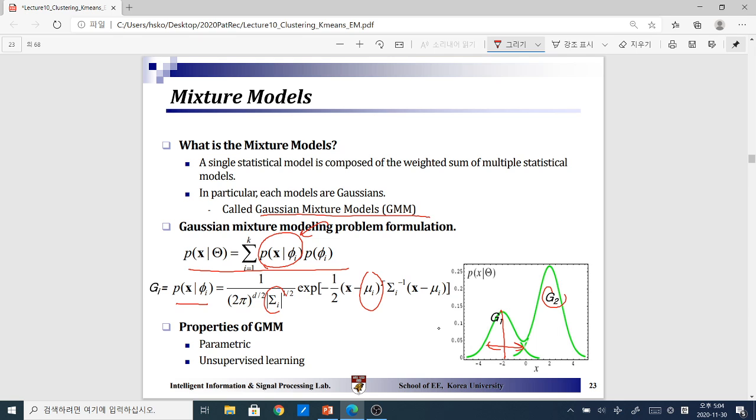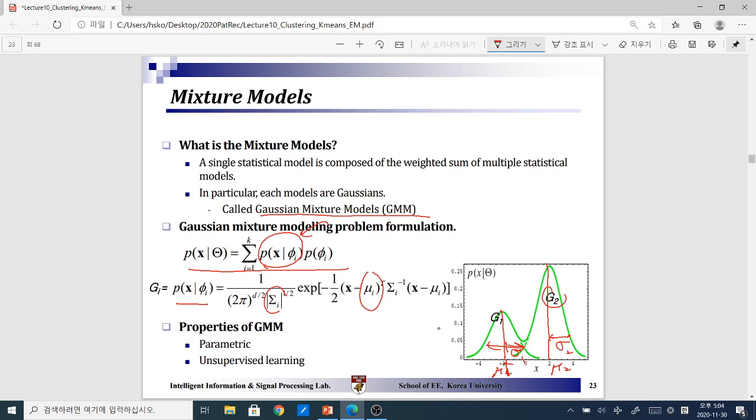Similarly, this one has its own center, where the center location is, say, mu2, and this one here has center location mu1, and also the variance, or covariance: say this is sigma 2, and this one here is sigma 1.